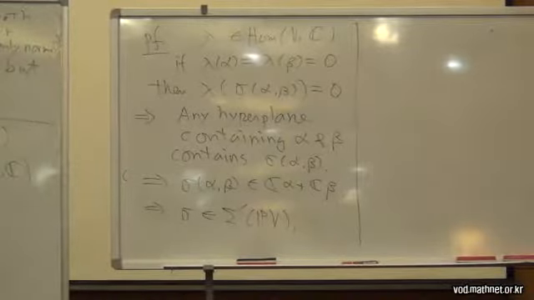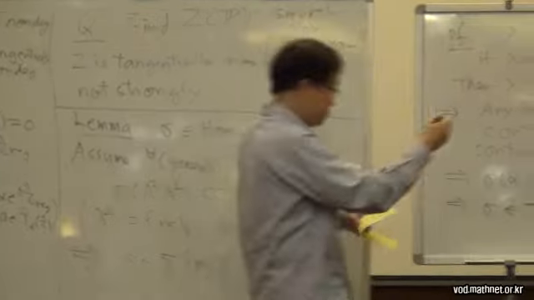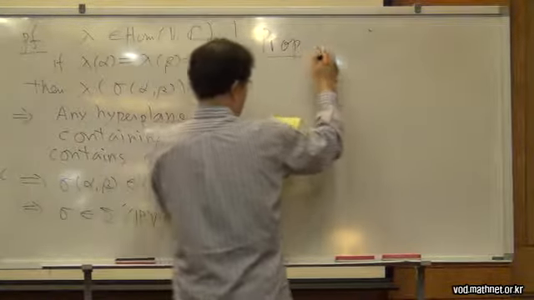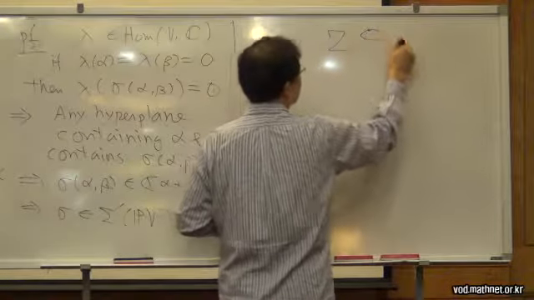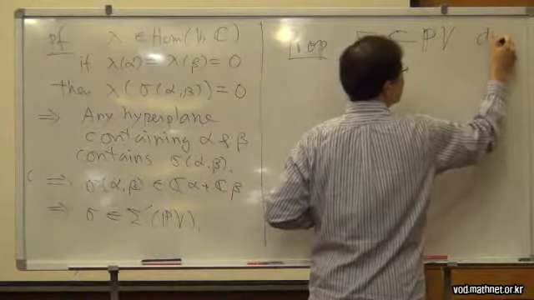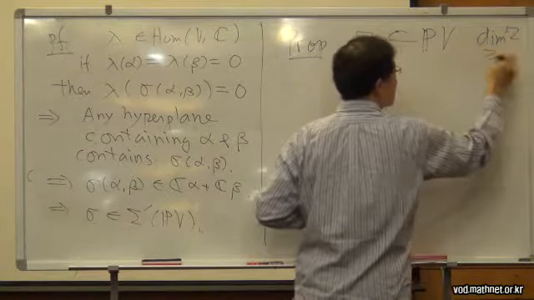So I will show you how to use this lemma, and we prove the following proposition. Suppose the dimension of Z is at least 2.